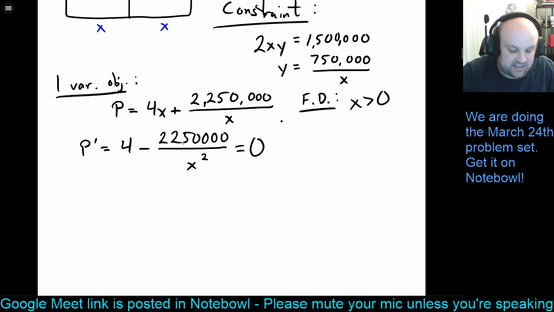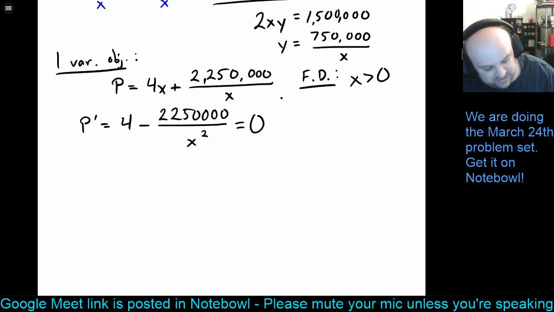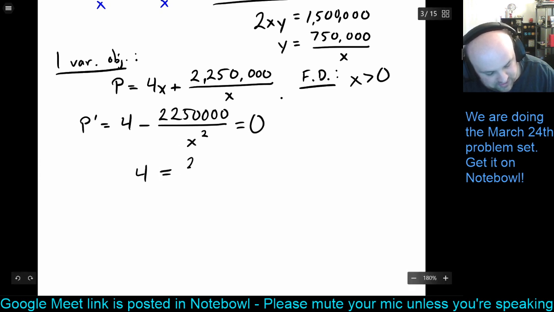Again, this function has a critical number at 0, but the function's not even defined there, and our feasible domain is greater than 0 anyway. All right, so let's start solving this. So if we move this over, 4 equals 2,250,000 over x squared.